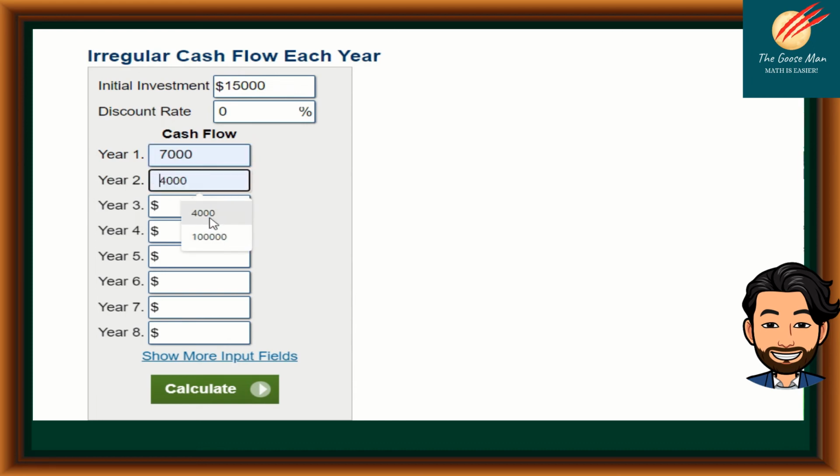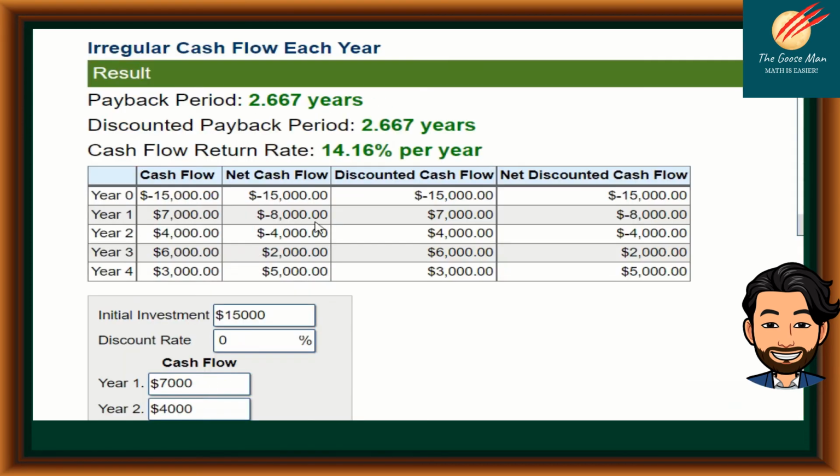On the second year we receive 4,000 pesos. The third year is 6,000, and on the fourth year we have 3,000. So we have 4 years in which we receive cash inflow. Then we simply click calculate, and we have the payback period of 2.667.